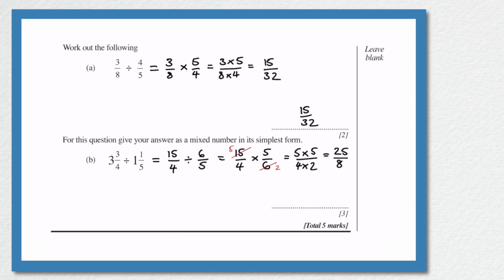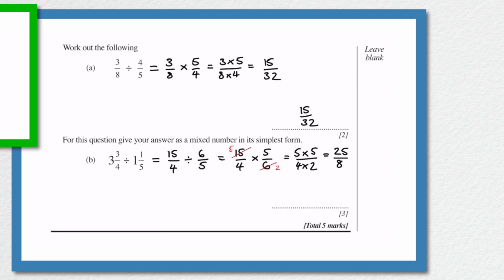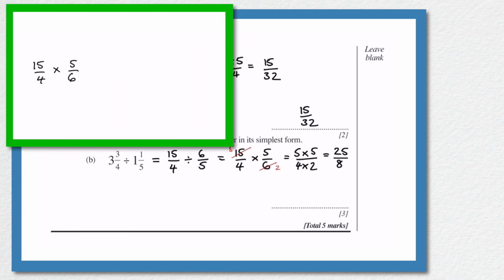And just to show you that we will get the same answer if we do the simplification after the multiplication, so 15 over 4 multiplied by 5 over 6 is equal to 15 multiplied by 5 over 4 multiplied by 6, which is equal to 75 over 24. If I divide top and bottom by 3, I get 25 over 8. So it doesn't make any difference to the answer if you simplify before the calculation or after the calculation. It's your choice.